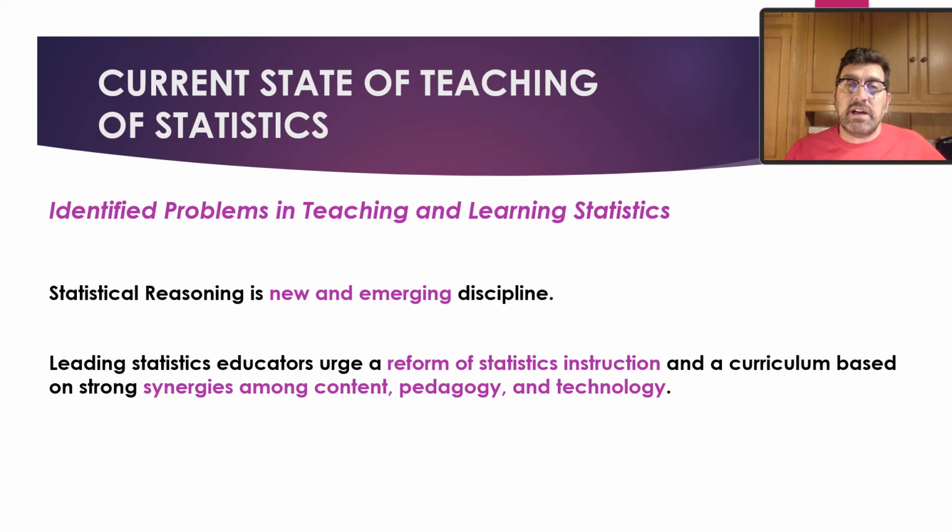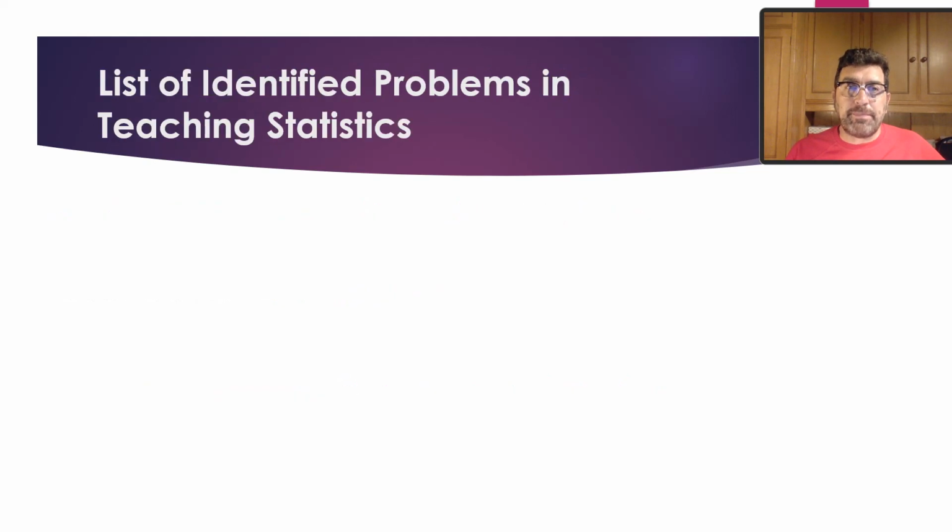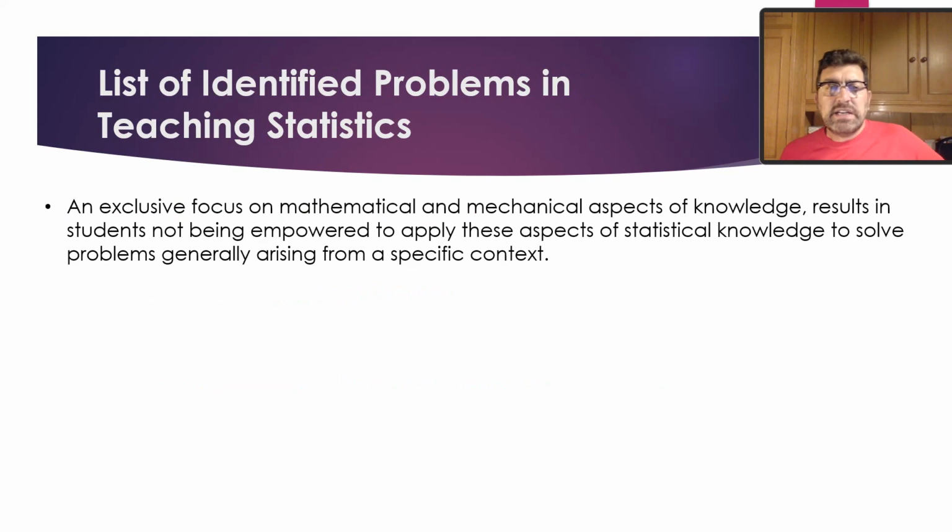There's a list of identified problems in teaching of statistics, the first of which is an exclusive focus on mathematical and mechanical aspects of knowledge, which results in students not being able to apply the statistical ideas and statistical knowledge that they've gained.